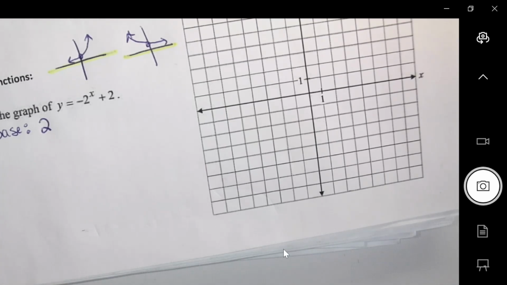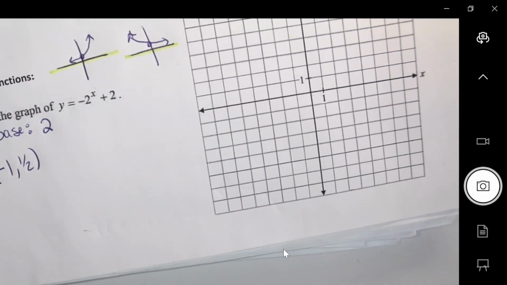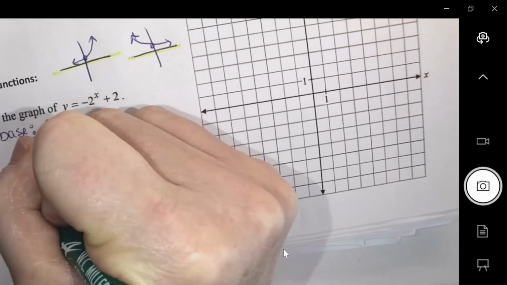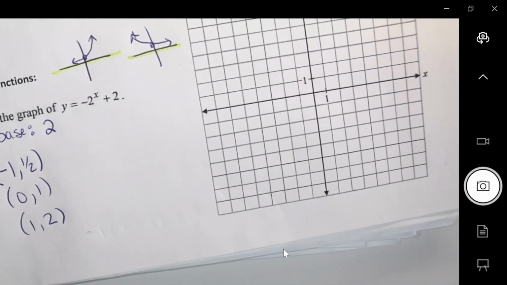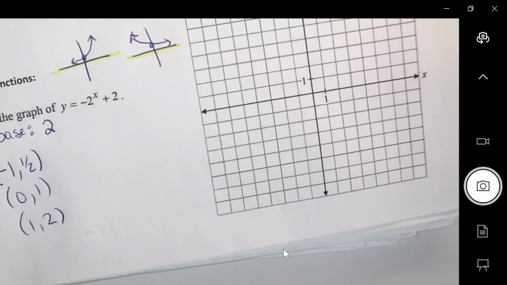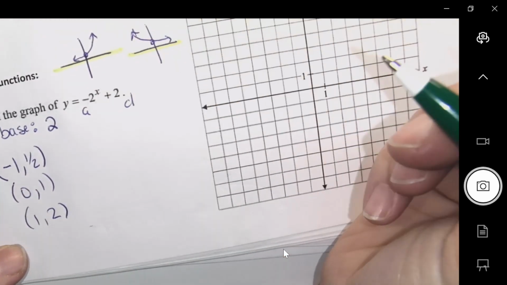Okay, but because this is exponential, our coordinates will go in the input-output order. So that's the only thing that changes between the two of them. And then your transformations have to happen after that. Okay, so I'm going to put an A and a D onto this.